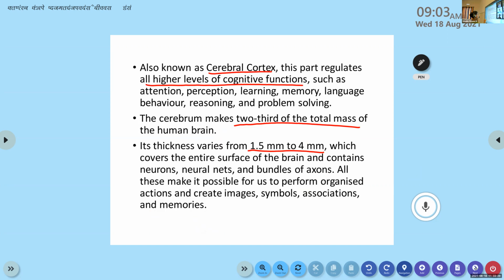It is also known as the cerebral cortex. So if you read somewhere cerebral cortex or cerebrum, both are the same. Then 2/3 of the total mass of the human brain, as we already saw. Then thickness 1.5 mm to 4 mm.